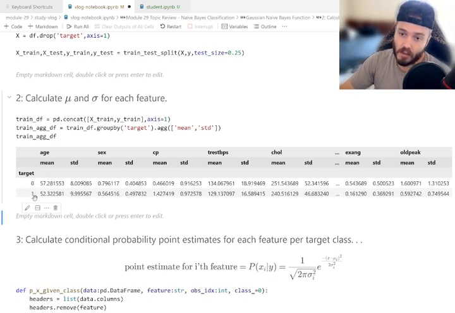So 0 or 1, the value of the target column becomes the index for the corresponding columns. And we're going to aggregate it with mean and standard deviation, and that gives us this layered indexing. So for age, we have the mean of all 0 classes and the mean for all true or 1 classes, and so on and so forth.